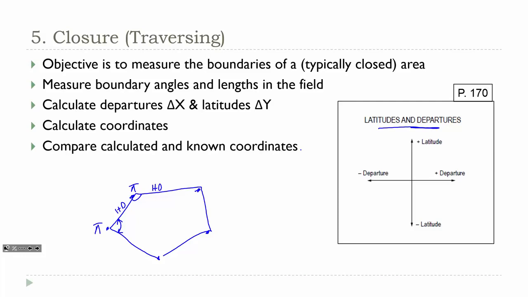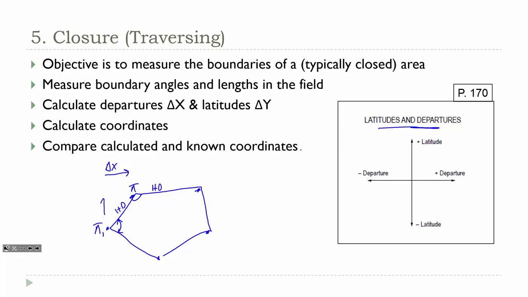But the latitudes and departures, whatever you pick as your first point, the departure is going to be the delta x, so positive and negative. So if you sum all of your departures for a full traverse, they should equal 0, because you should be going the same distance in the x and coming back if you don't have any error.